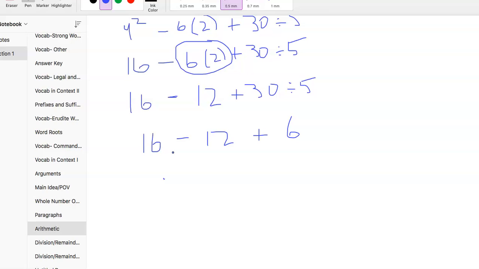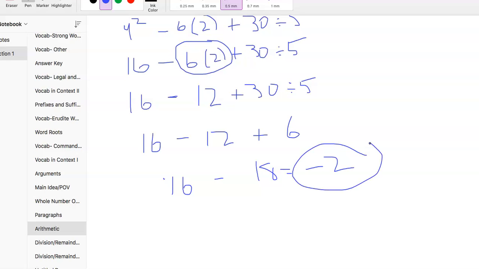Okay, and then add and then subtract. Right, 12 plus 6 is 18. There's our 16. And we have subtract last. 16 minus 18 is -2. That's our answer.